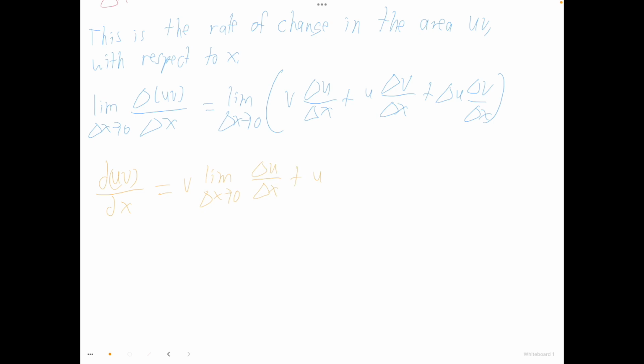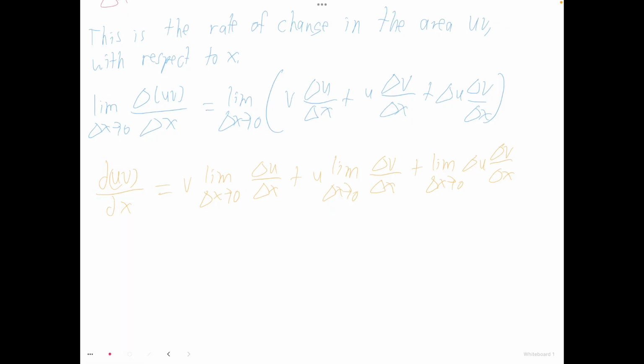And then we have plus u times the limit as delta x goes to 0 of delta v divided by delta x. Again, we can pull the u out because u is just a fixed quantity. It's what we were at before we changed it all, and so it doesn't depend on delta x. And then we're going to have the limit as delta x goes to 0 of delta u delta v over delta x.